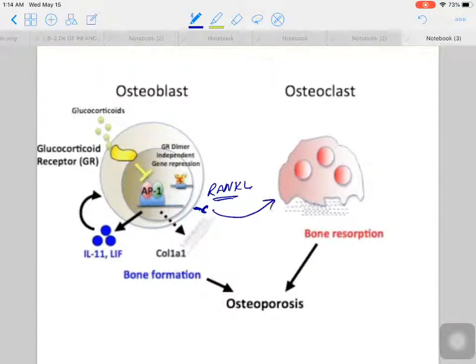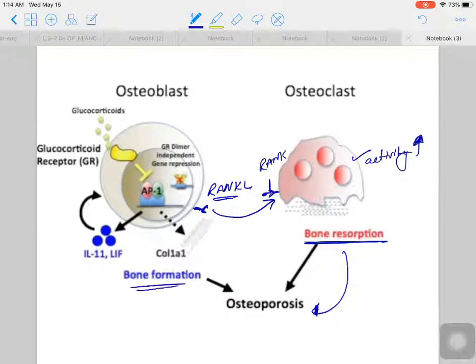More interaction with RANK, more activity of the osteoclast, the osteoclastic activity increases, and more bone resorption, and it leads to osteoporosis.